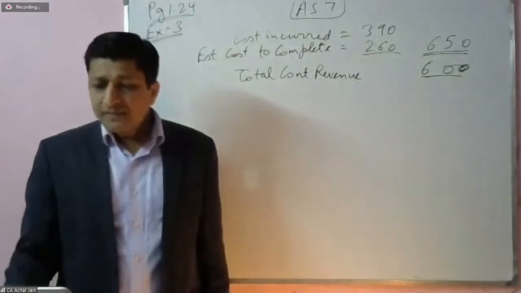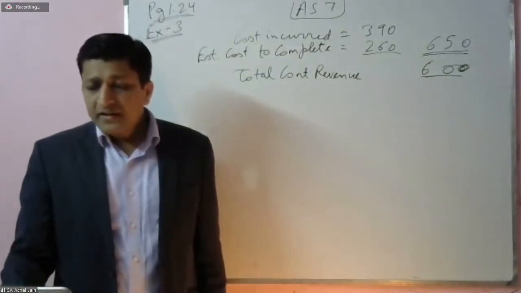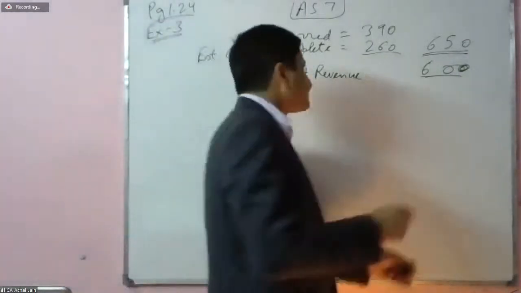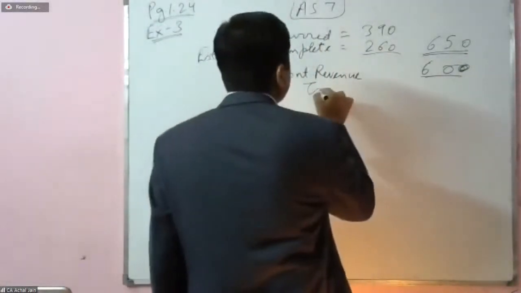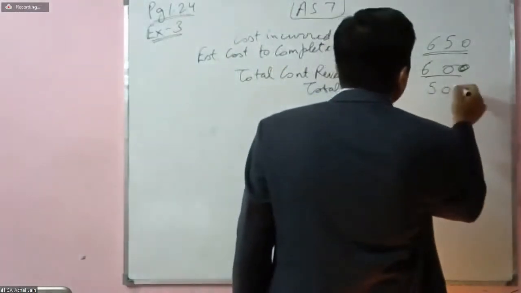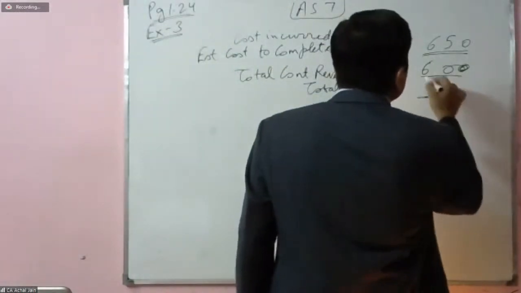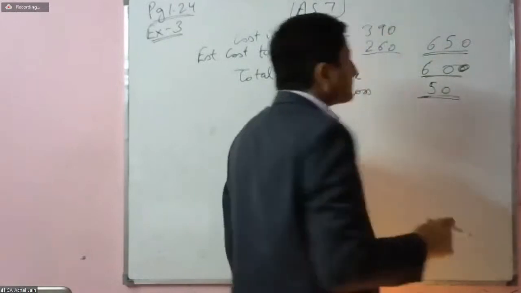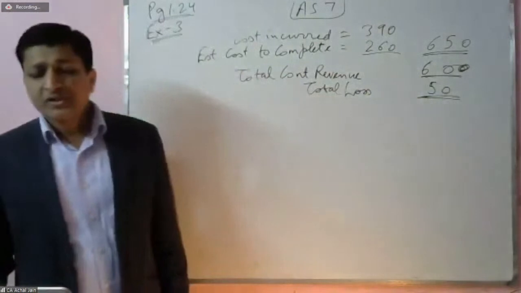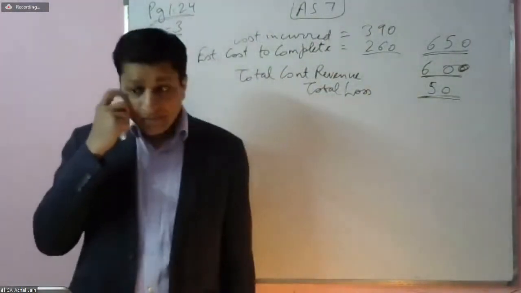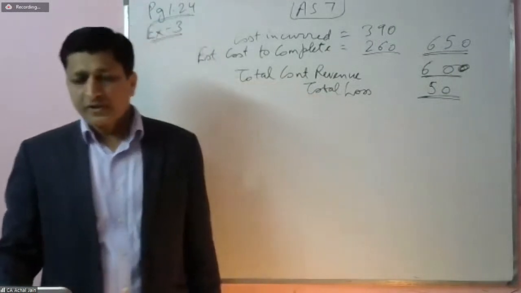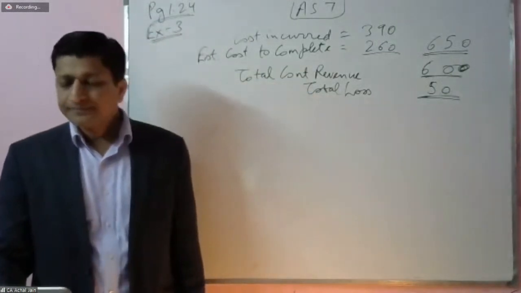Now in this case, we understand that there will be a total loss of rupees 50. This is going to be the total loss on this project. Correct? Okay.